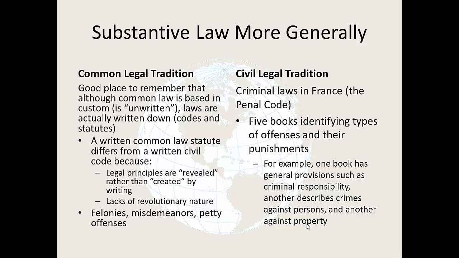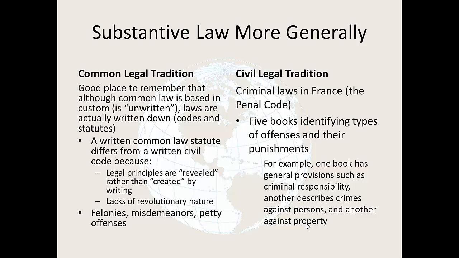In a civil legal tradition, using France as an example, the French Penal Code is broken into 5 different books, and each book identifies particular types of offenses and what the punishment for those offenses is. The example on the slide is that one book has general provisions that make reference to things like criminal responsibility.